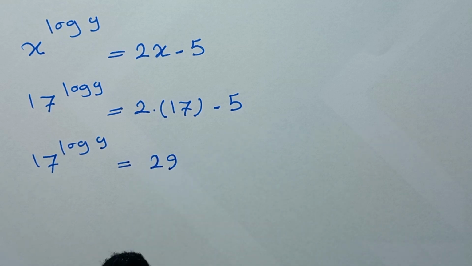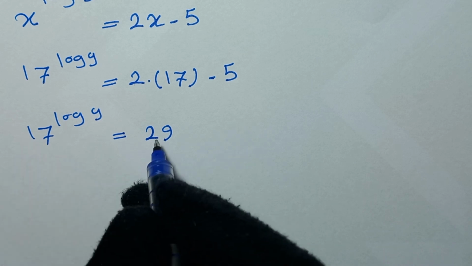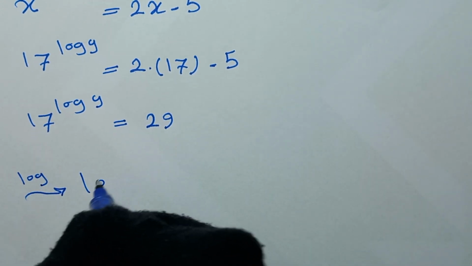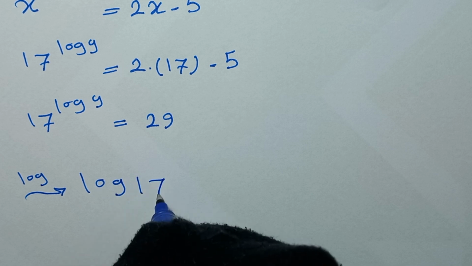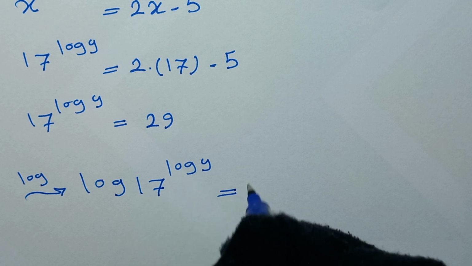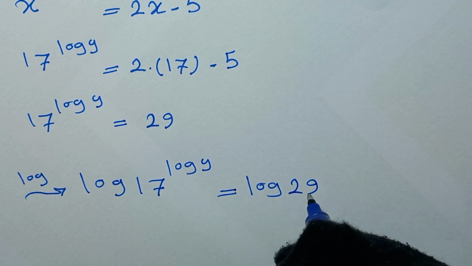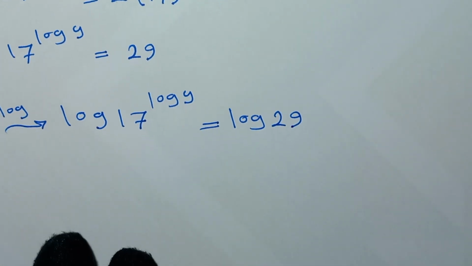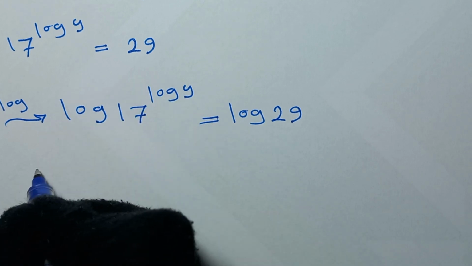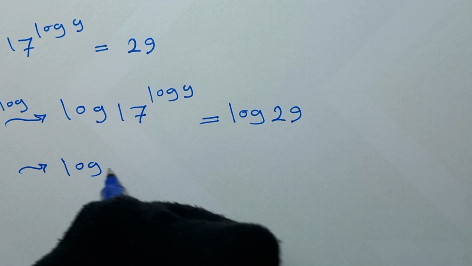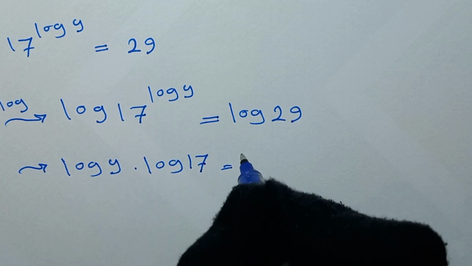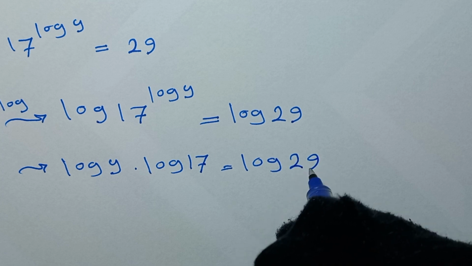So in the next step we apply log to both sides of this equation, and it will be log of 17 to the power of log y is equal to log 29. And from log rules, here we can take this log y outside of log. It will be log y times log 17 is equal to log 29.